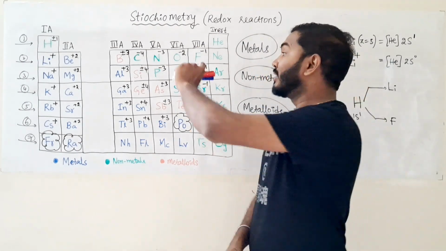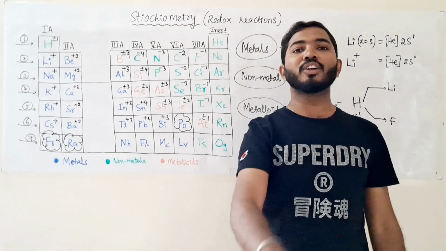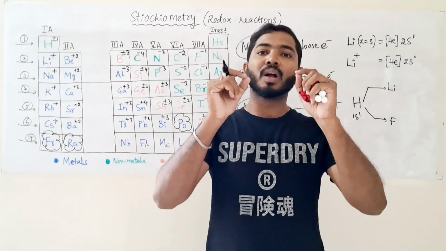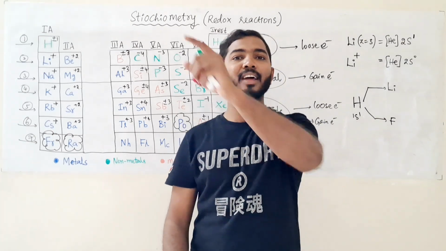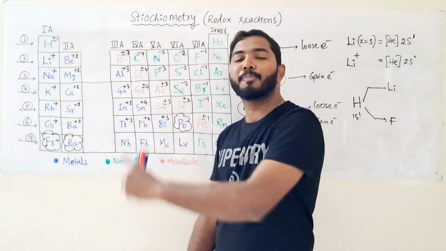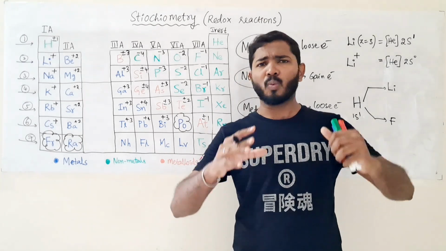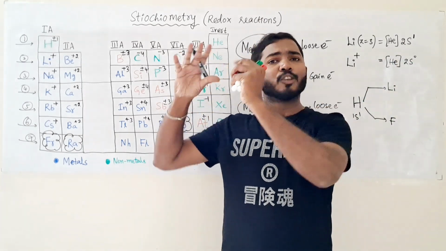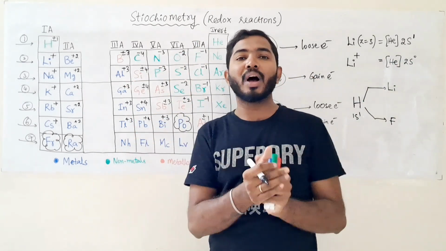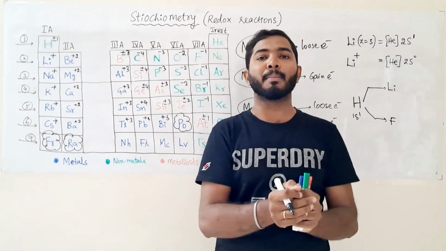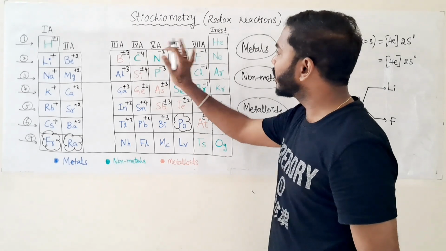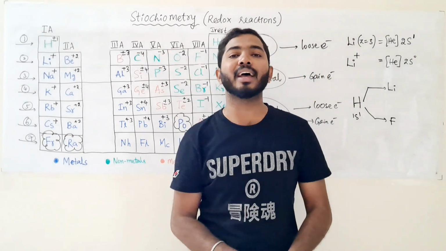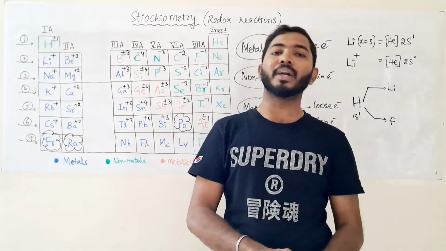And now these charges I am going to give a name called oxidation number. For this reason, I have taken the help of the periodic table. Sir, what is oxidation number? The charges you can see here on the elements are taken as the oxidation number of that particular element.